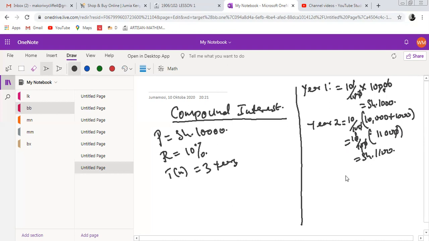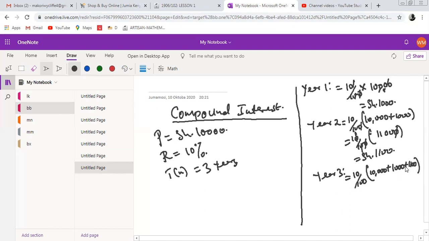So when we go to year three, the interest will be based on 10% times 10,000 plus 1,000 plus 1,100.